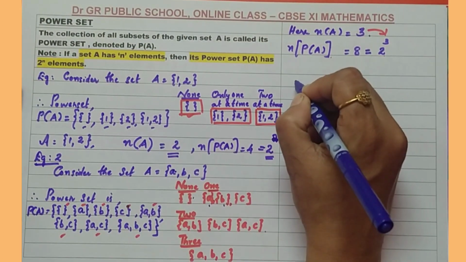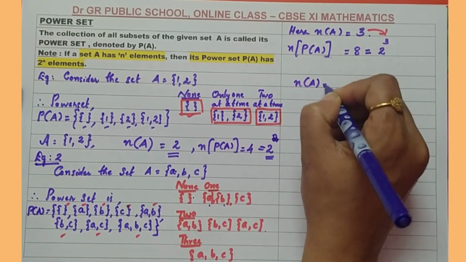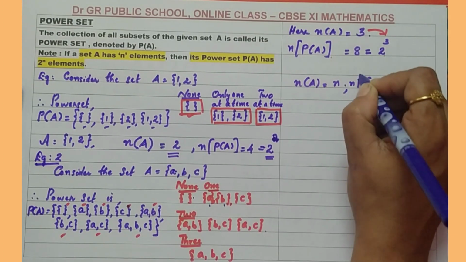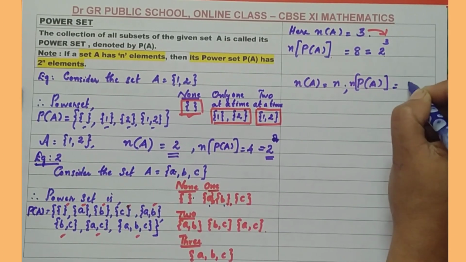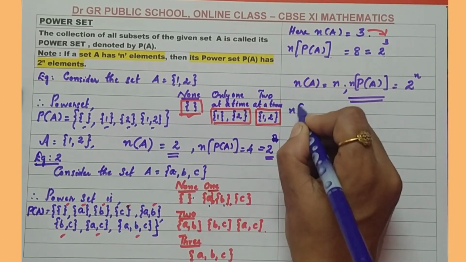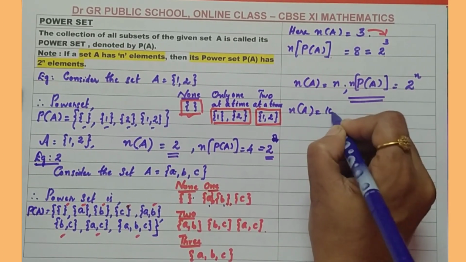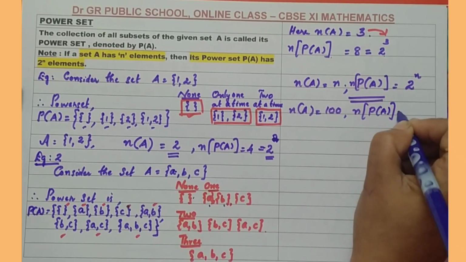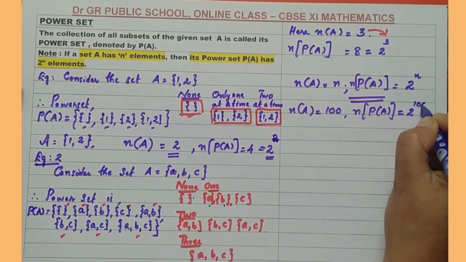That is, if the cardinal number of A equals n, then the cardinal number of the power set of A equals 2 raised to n. If a set A has 100 elements, then the power set of A has 2 raised to 100 elements. Very important.